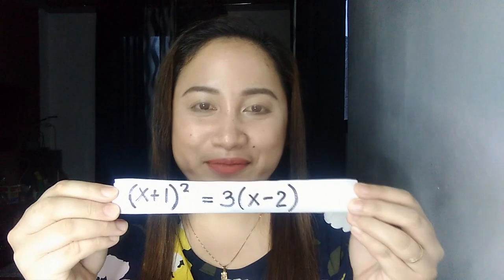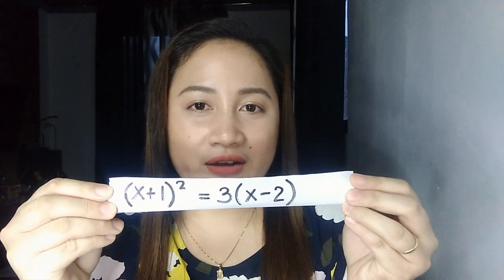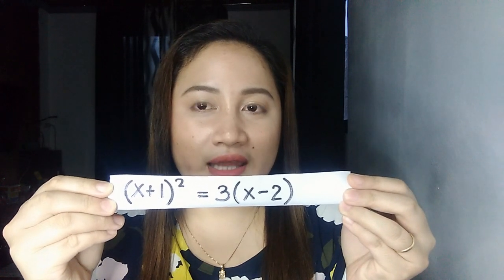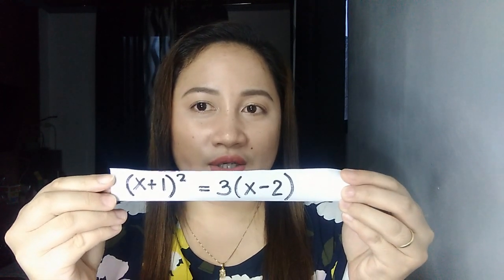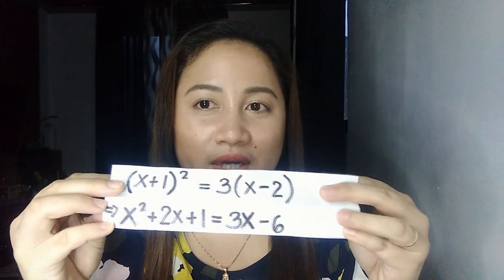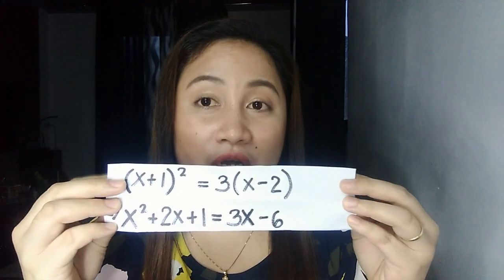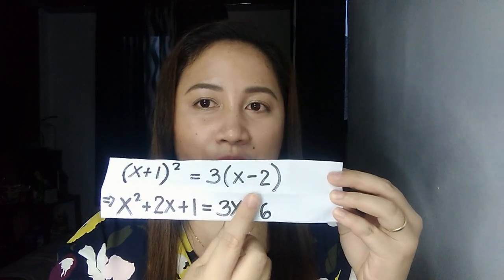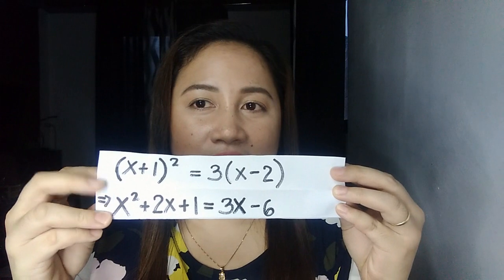So the next item is square of the quantity x plus 1 equals 3 times x minus 2. So if you're going to manipulate, the result is this one, applying our special product to this side and applying distributive property to this side. Okay?